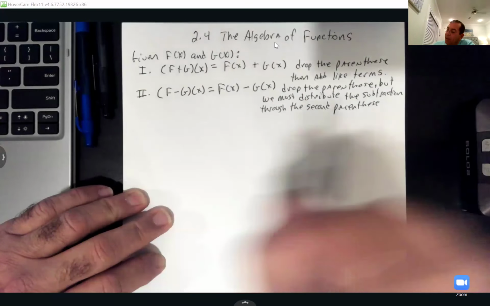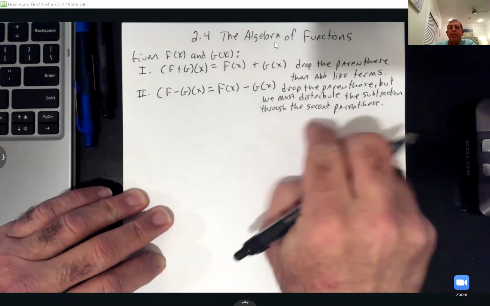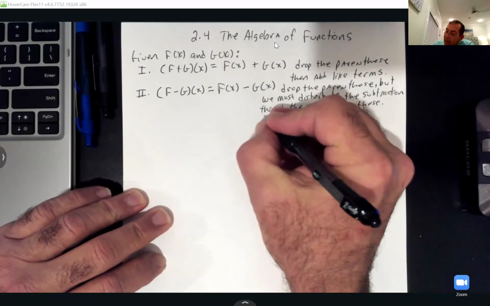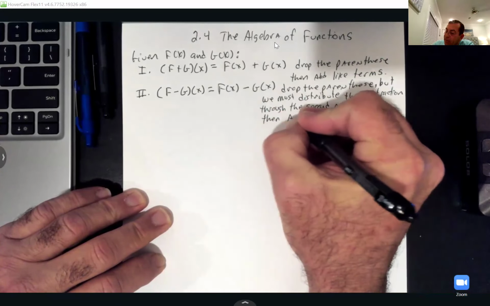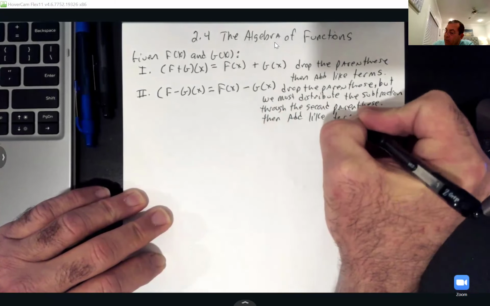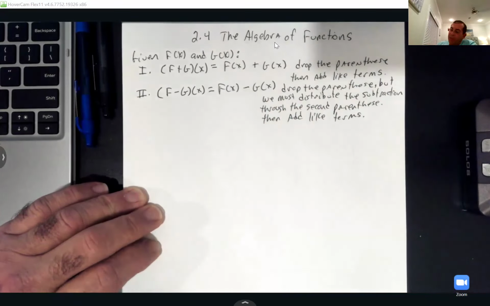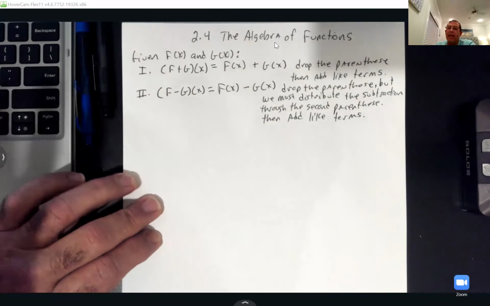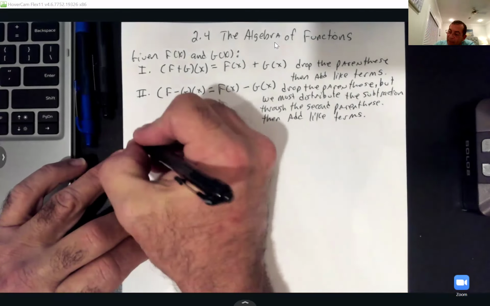Okay. Then, once I've distributed that subtraction through the second parentheses, then add like terms. So same thing as add. And once I've got rid of my parentheses, all I can do is add my like terms and be done.